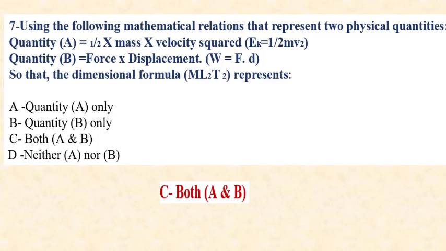Okay, keep it. Complete reading the question. Quantity B, force times displacement, which means work. You know that the work dimensional formula is M L squared T to the power negative 2. So the dimensional formula M L squared T to the power negative 2 represents both of them. It will be A and B.